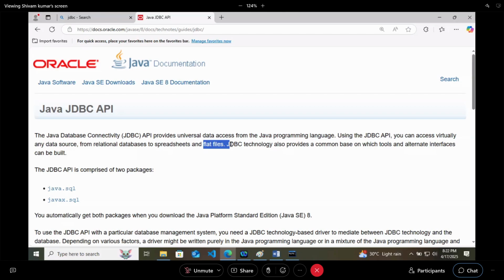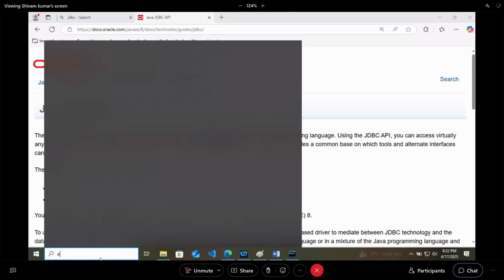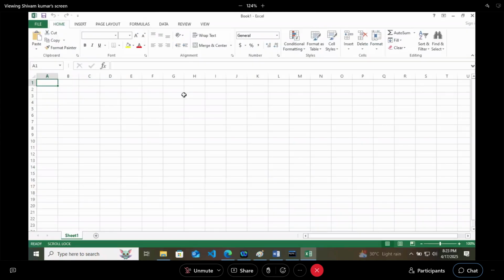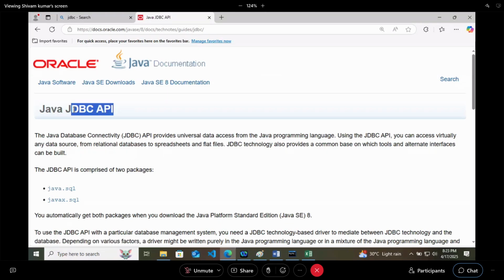There is MS Word, MS Excel. So if your data is written in an Excel file also, then JDBC can take that data. Surprising, right? It can take data from Excel also? Yes, it can. And who is telling this? The official website of JDBC. Yes, you can take the data from relational database to spreadsheet and flat files. Flat files means normal notepad, wordpad files.